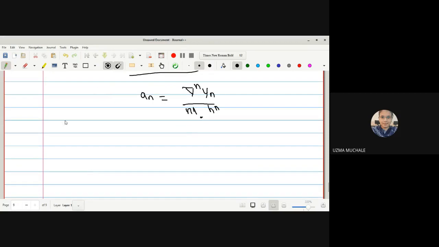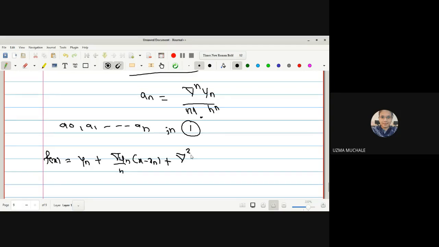That is, substituting those constants a0, a1, an in equation 1, we get f of x equal to yn plus del yn divided by h into x minus xn, plus del square yn divided by 2 into h square, x minus xn minus 1, plus up to so on.